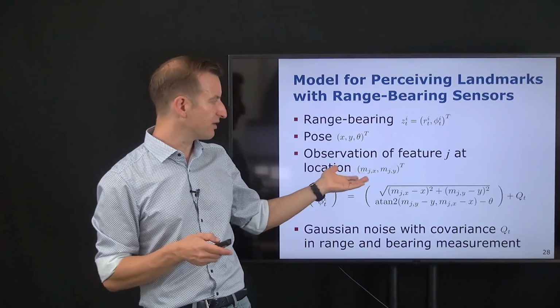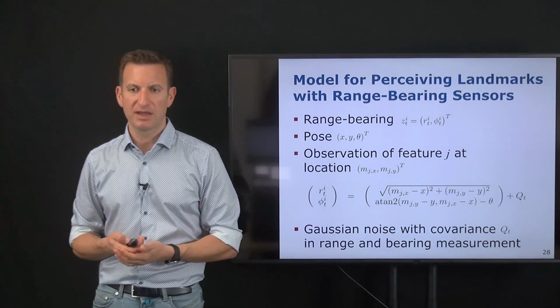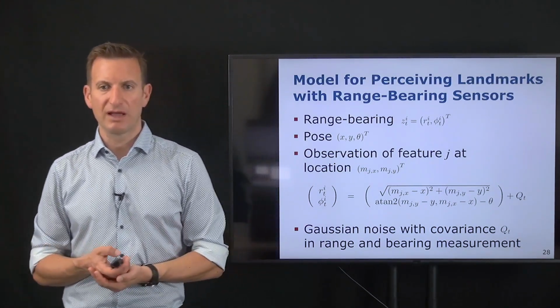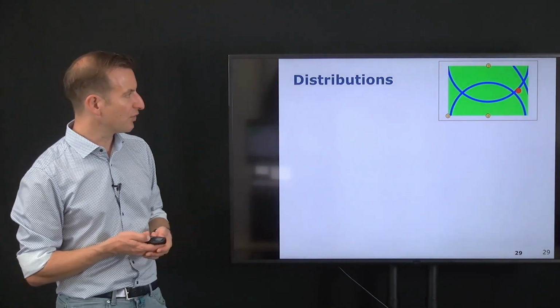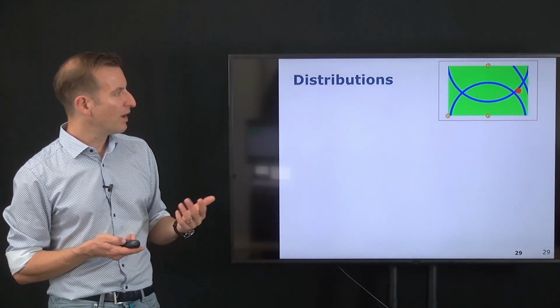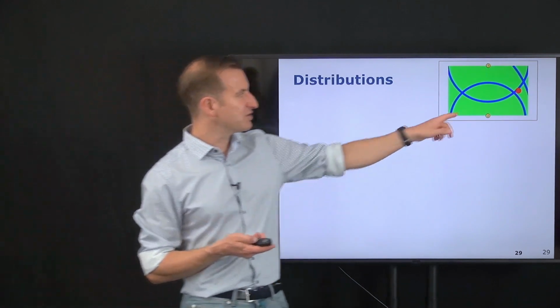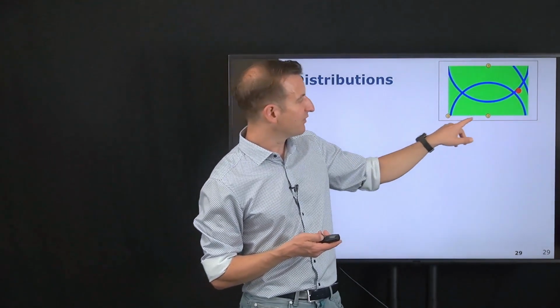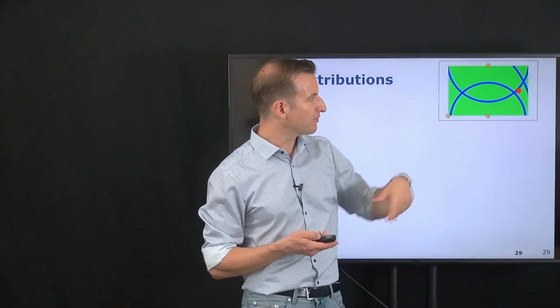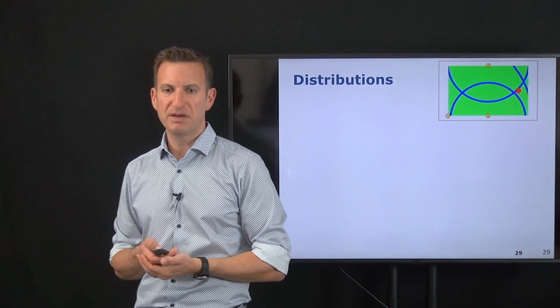And a similar model, not exactly the same model, but a similar model can be used if you want to localize with landmarks, and has been done, for example, in the context of RoboCup. There are Robo-Soccer competitions where you also need to estimate the position of the platform with respect to some poles. In these examples, there were 3 poles, 1, 2, and 3, and we get these range bearing observations.